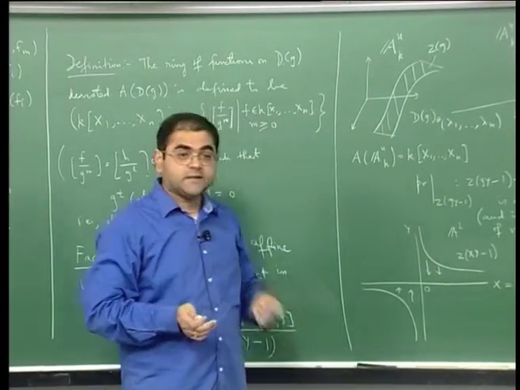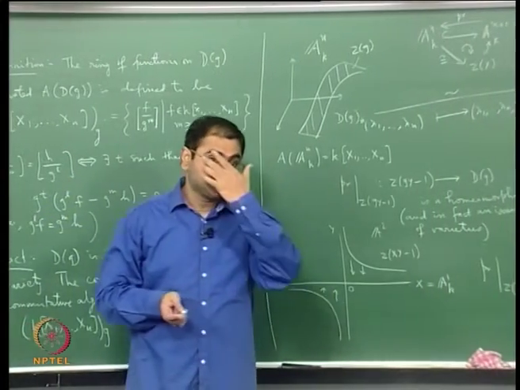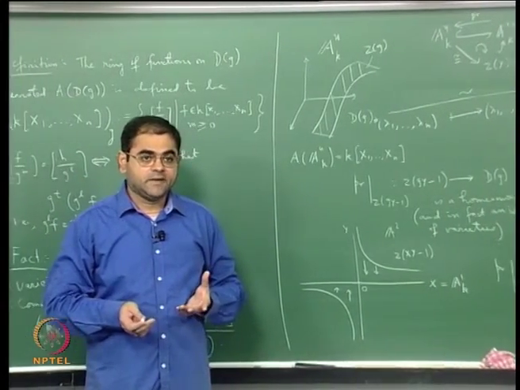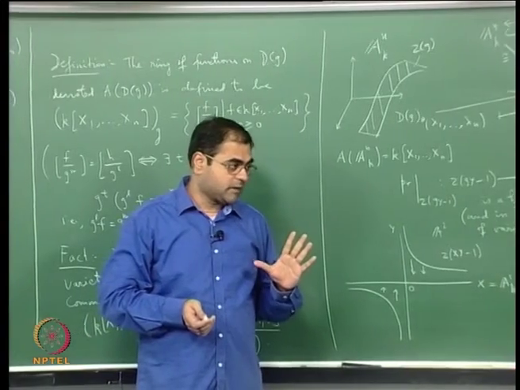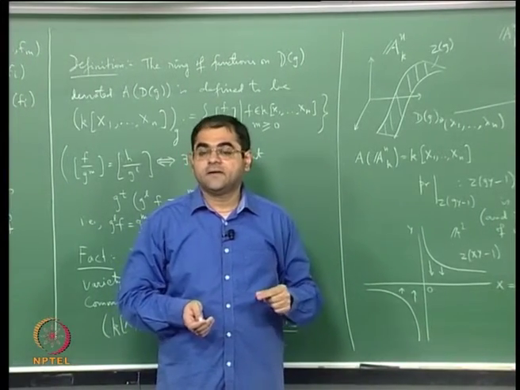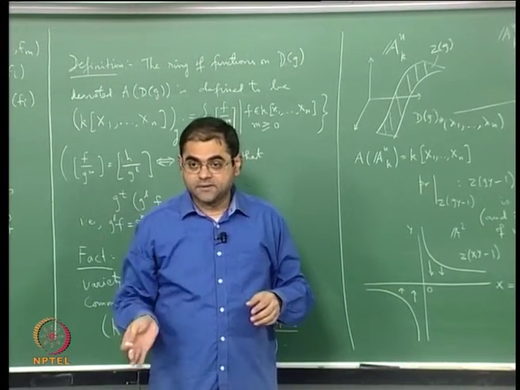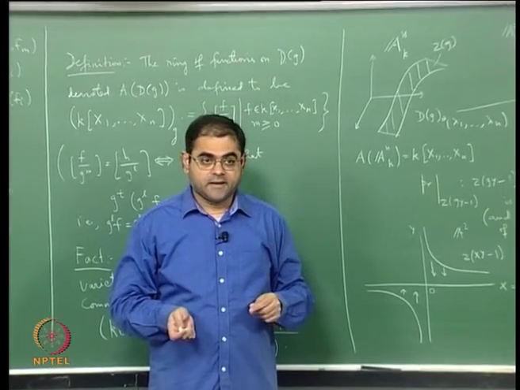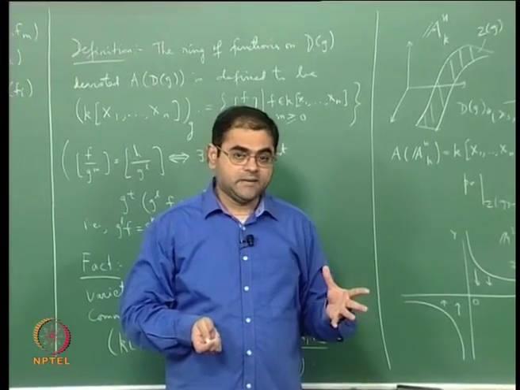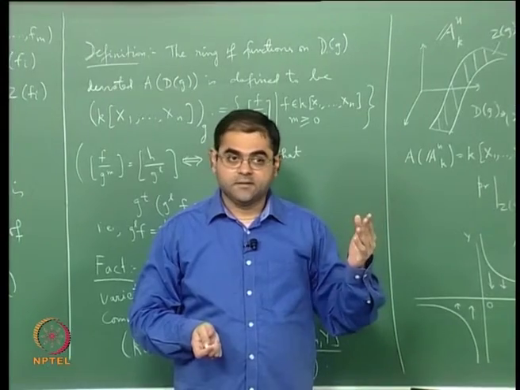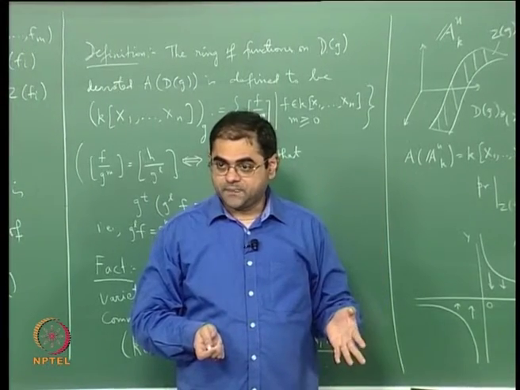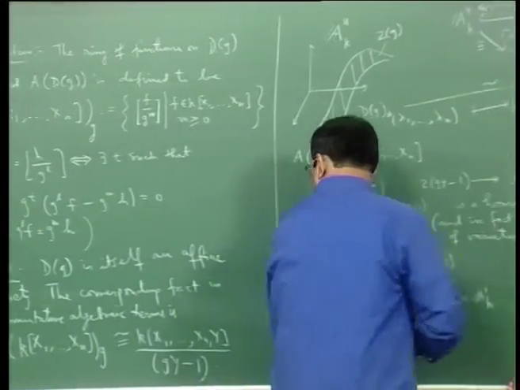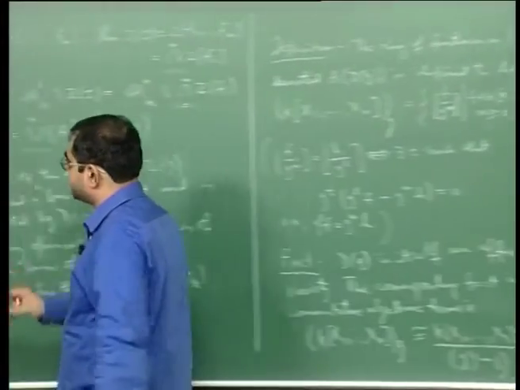Now I will give you yet another justification, which goes along the lines of the fact that you must have an isomorphism of affine varieties as equivalent to an isomorphism of their affine coordinate rings. So let me recall something from the previous lecture.